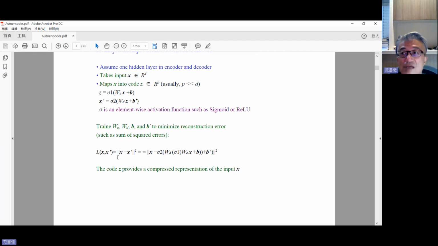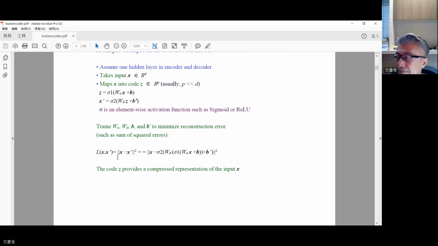If it's a picture, say 512 by 512, it becomes a one-dimensional row vector. So we subtract the reconstruction row vector from the original, and evaluate the square error.